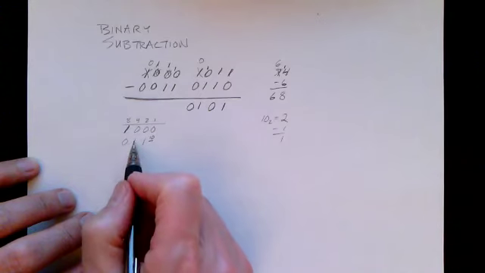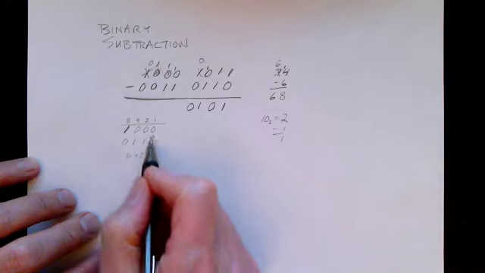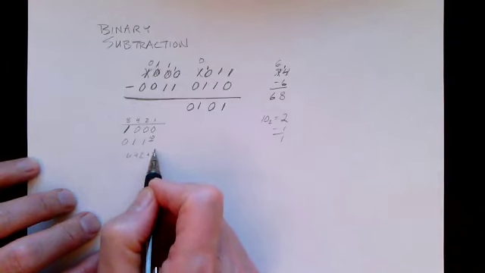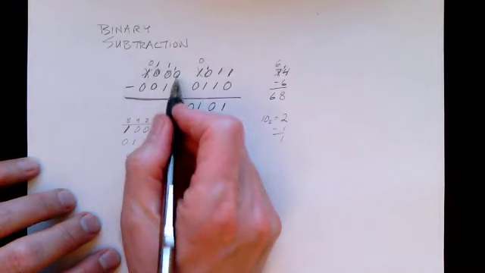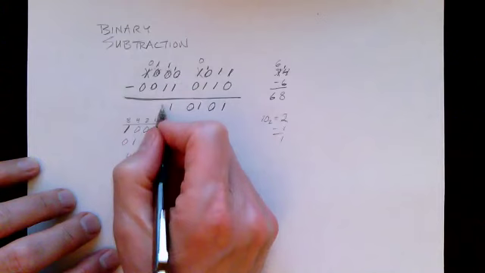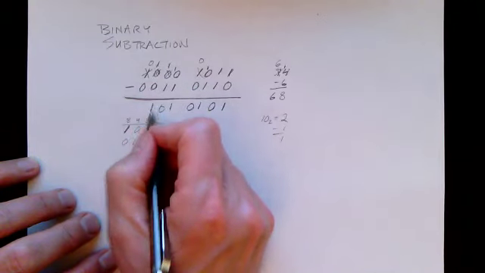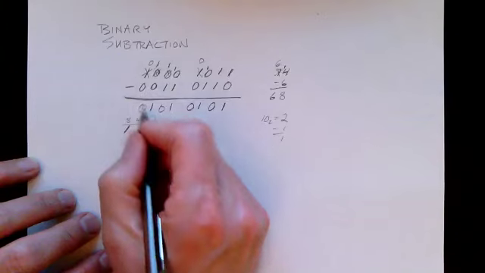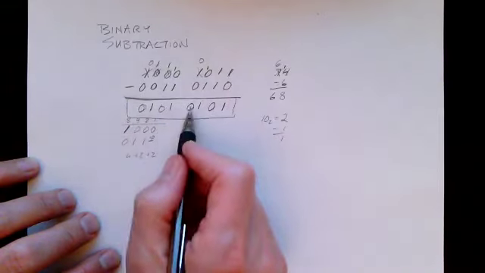We changed that into 4 plus 2 plus 2. Okay, so now we've got 2 here, 1, 0. We can subtract our 1, and we get 1. 1 minus 1 is 0. 1 minus 0 is 1. And this is 0, so we have a 0 there. So here's our answer. 0, 1, 0, 1, 0, 1, 0, 1.